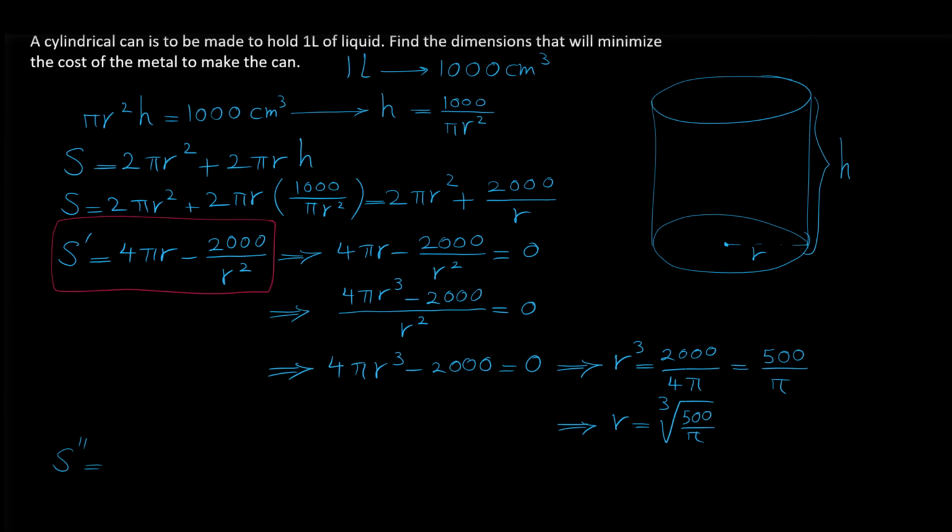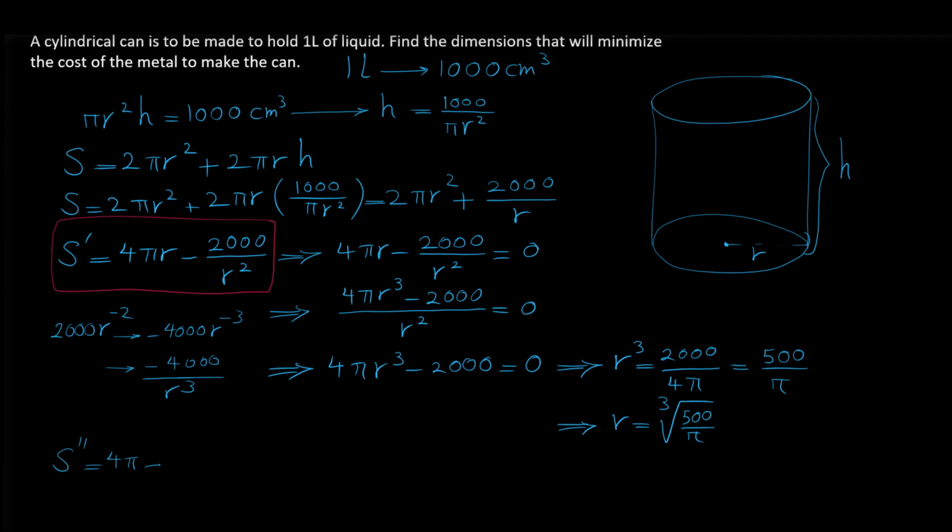Derivative of 4 pi r is 4 pi, minus, for finding the derivative of 2000 over r squared, we can rewrite 2000 over r squared as 2000 times r to the -2, and from the power rule, the derivative would be -4000 times r to the -3, which actually is negative 4000 over r cubed.